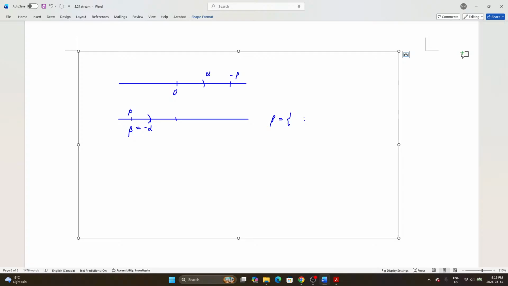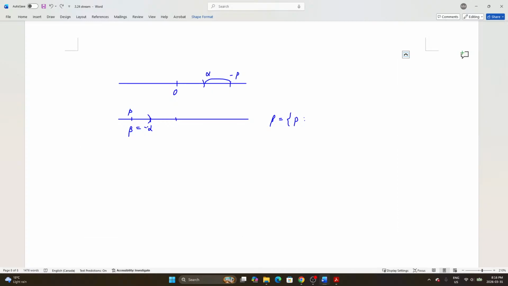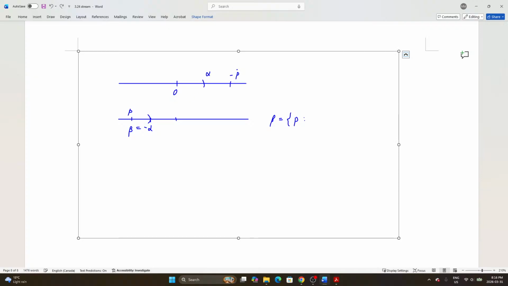That's a good start, but not enough, because what if minus P sits right at the boundary? Due to the nature of the cut, P should not be an endpoint of beta, so we want to emphasize that as well. Minus P should be here, but it needs to be strictly greater than the boundary of alpha.